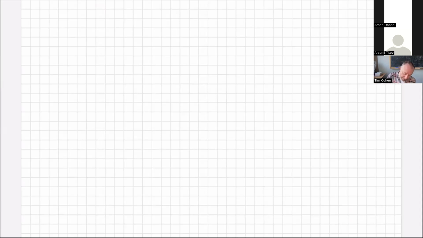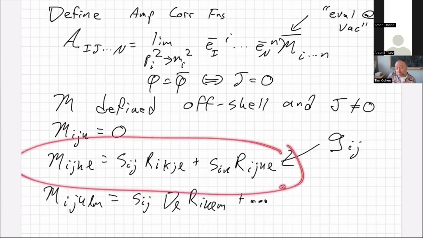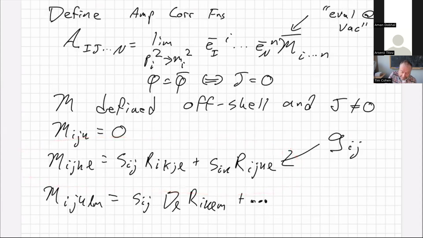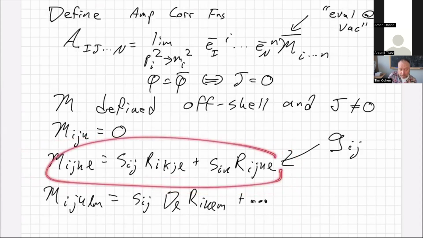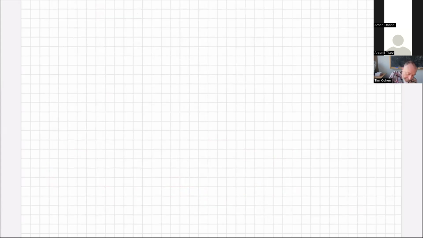When we look at these formulas, and many people over the years have stared at them, the naive thing you would assume, because this has open indices in field space, is that this object just transforms covariantly. But actually that is not quite the case. Something we realized a couple of years ago and worked out in a series of papers is that these M's have a notion of what we call on-shell covariance.